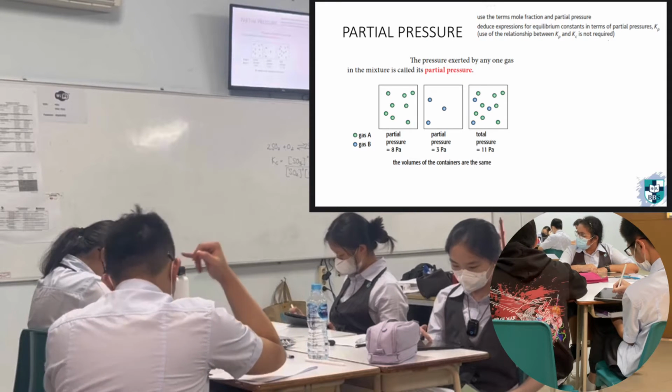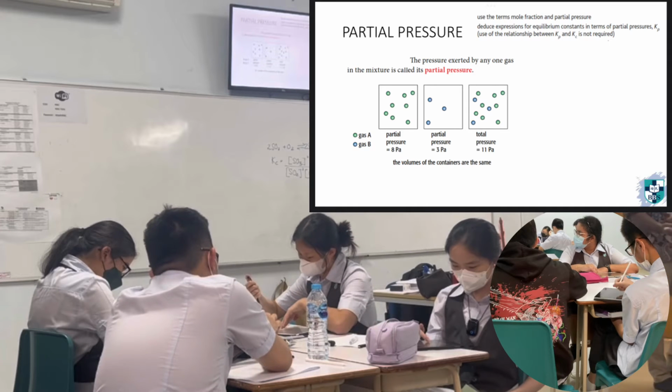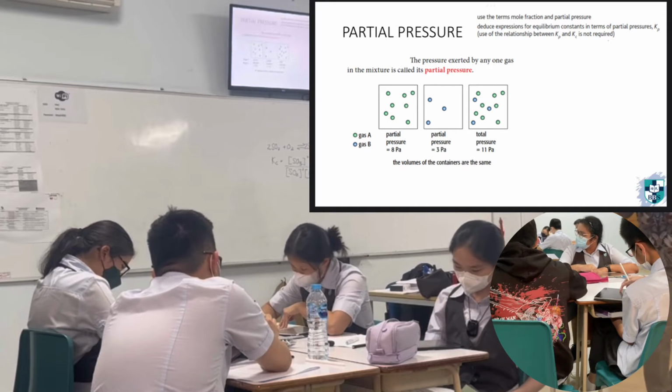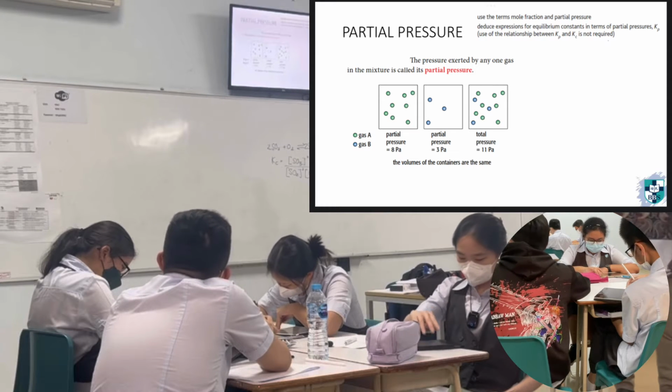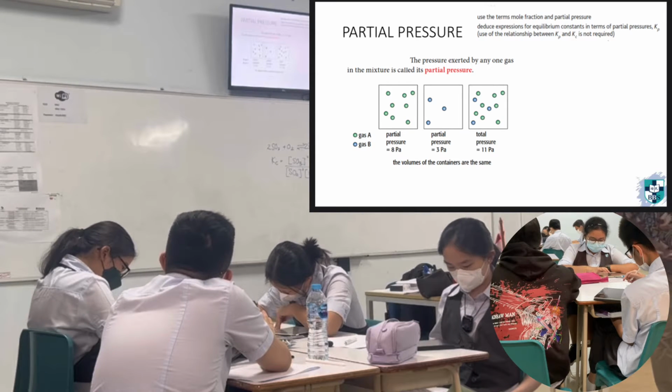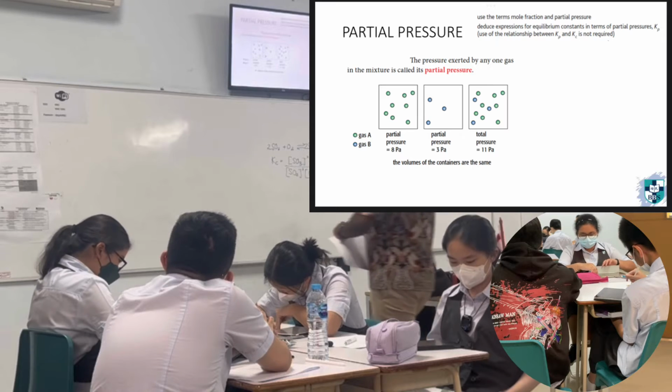Now let's carry on. Since I brought in gas, for gas it is slightly different. In order to learn about gas, you need to know about partial pressure. What is partial pressure?